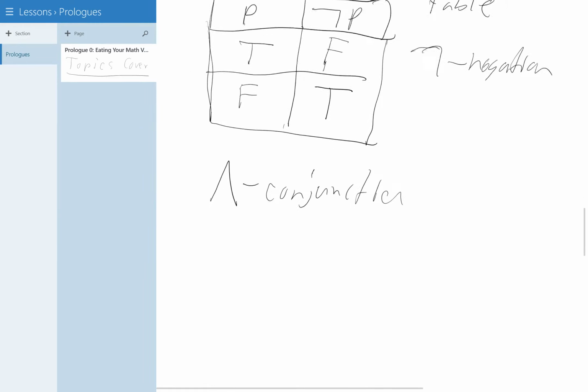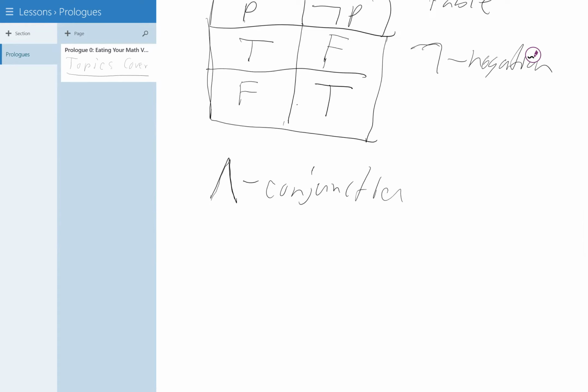You can think of this upward mountain-looking symbol, basically like a triangle without the bottom, as what we call a conjunction operator, or an AND. The previous negation operator was a NOT.